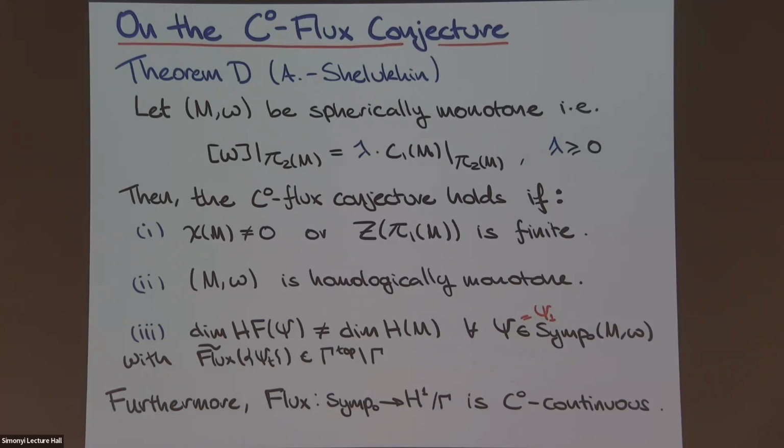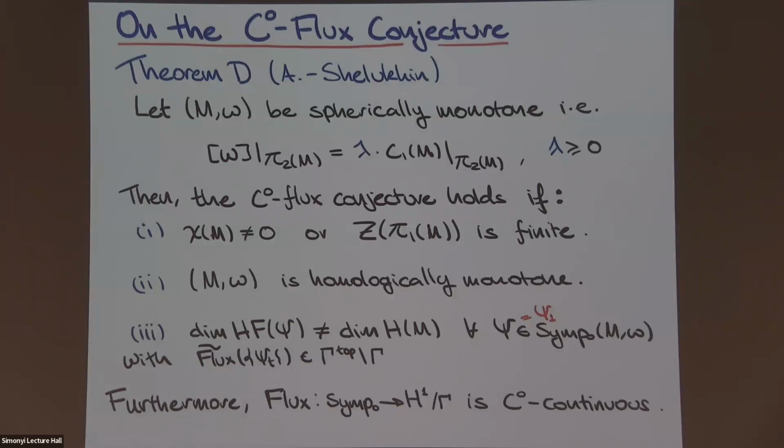If moreover, this proportionality is over all of H2, not just spherical classes, then the C0 flux conjecture holds without any further conditions. So for the monotone case, basically what you usually call.